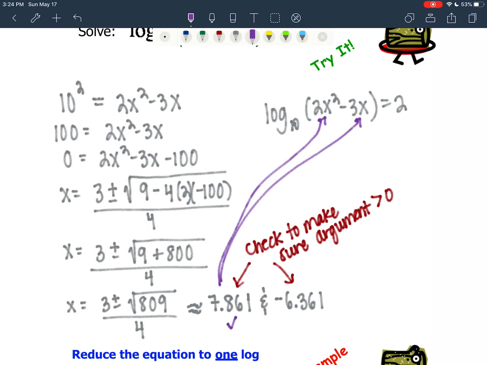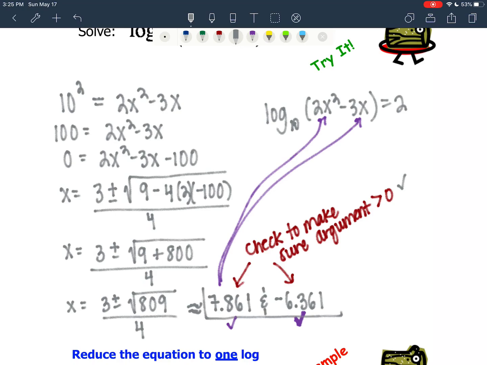So this one works. If I put a negative 6 in, negative 6 squared is about 36. 36 times 2 is 72. Negative 3 times negative 6-ish is positive 18. So two positive numbers added together will give me a positive number. So both of those answers keep the argument greater than 0.